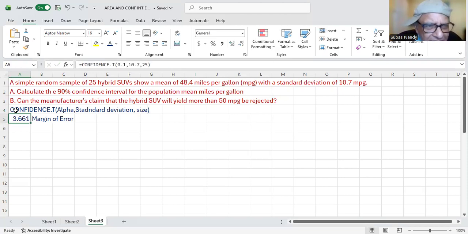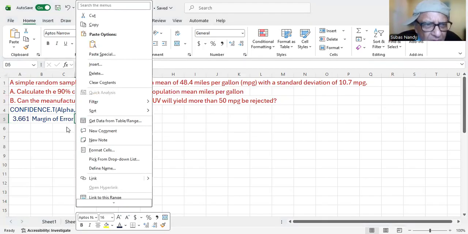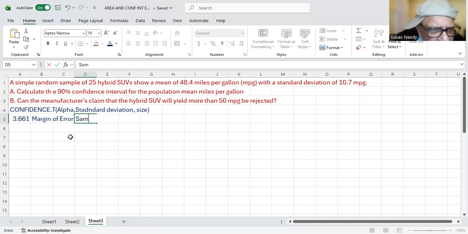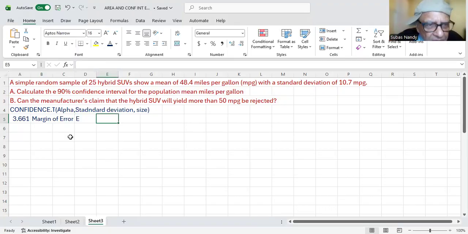And this is the margin of error. Question is, what is margin of error? Let's first write it down. Margin of error is also indicated by the capital letter E. It is the sample mean minus the population mean.